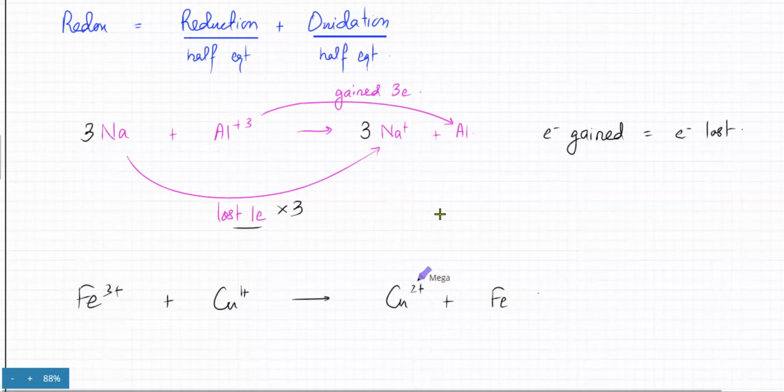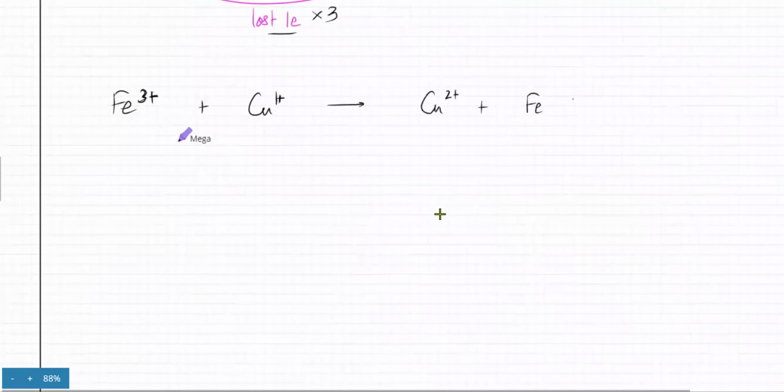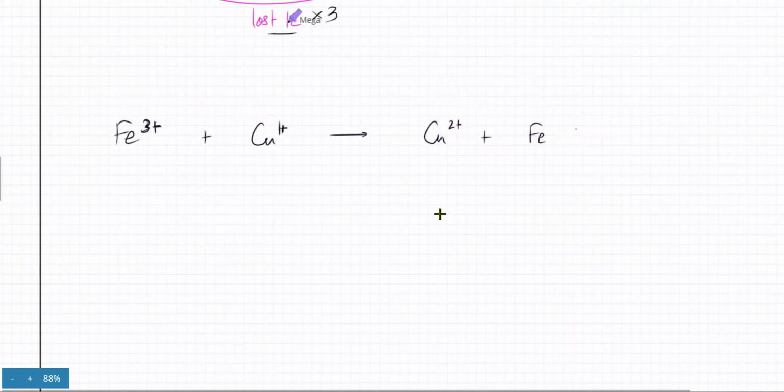Can you tell me exactly how would you balance this? And this is one. Who's gaining electrons? Who's losing electrons? Copper is losing them, and iron is gaining them.